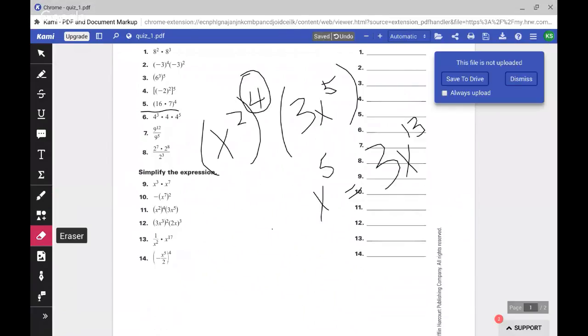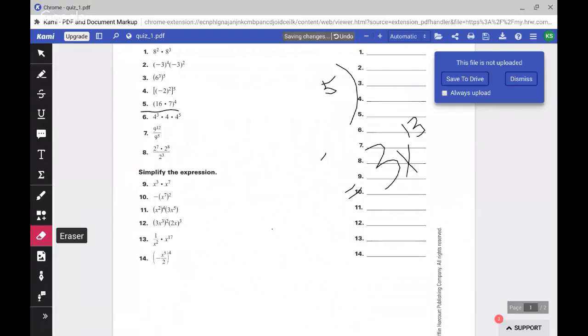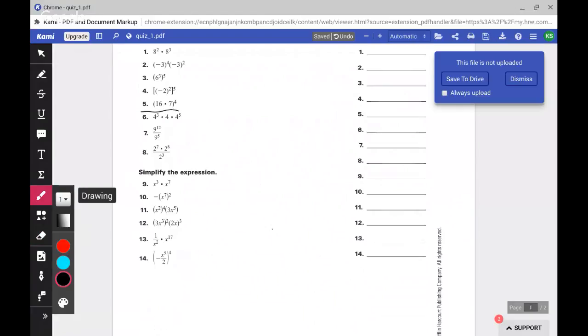And then number 13 and number 14. Number 13, and once again, I can't remember if either of you, but number 13 technically looks like this. Because this is really a whole number.